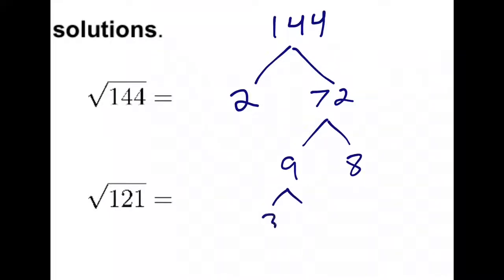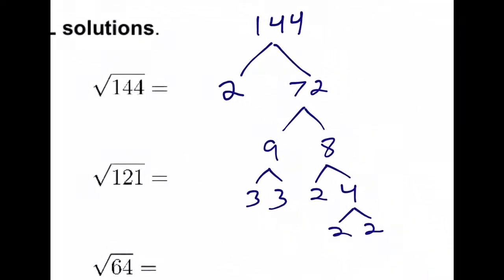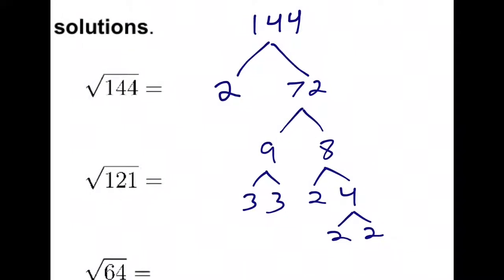And from here we break this into 3 and 3, 2 and 4, and from there 2 and 2. This is called a prime factorization tree because we keep factoring until we run into prime numbers. You'll notice that we have 4 2's and 2 3's at the bottom.